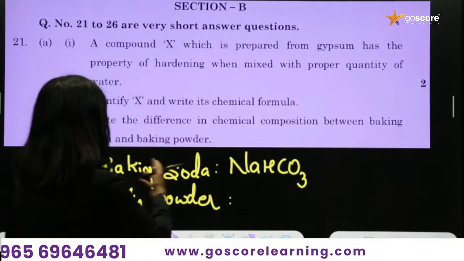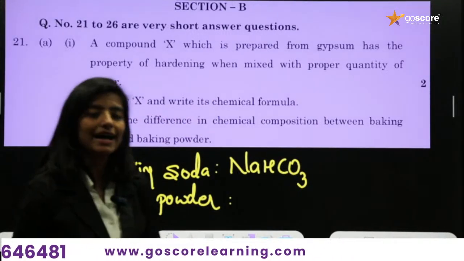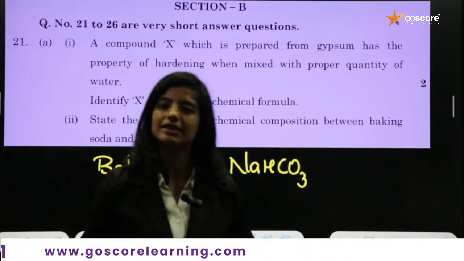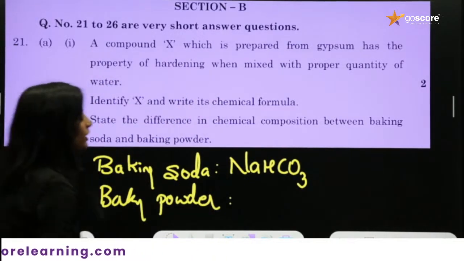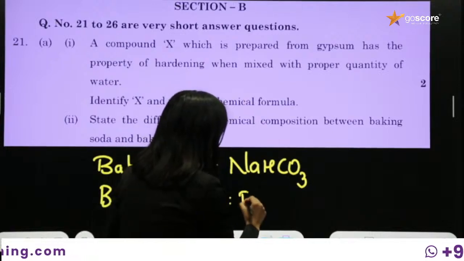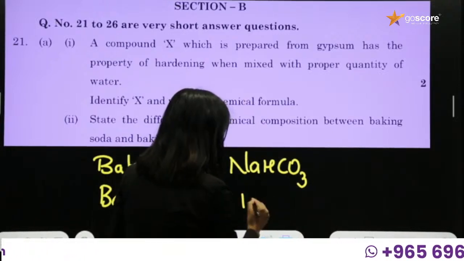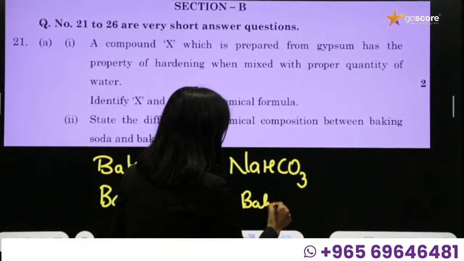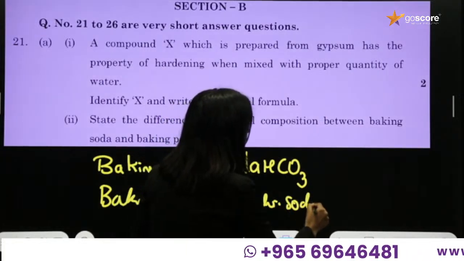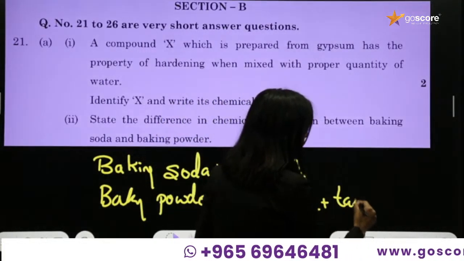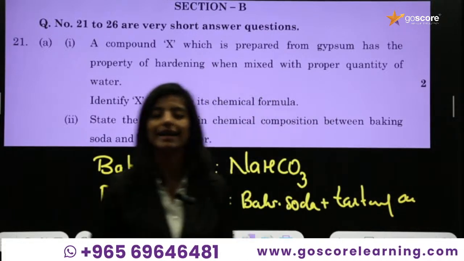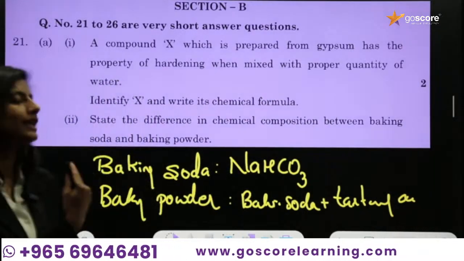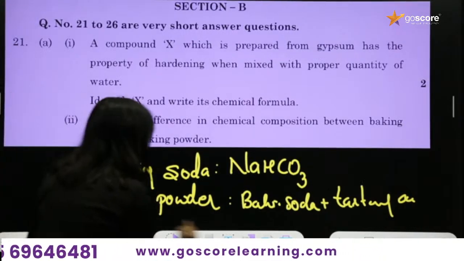So, if we use mild edible acids like the tartaric acid or the citric acid, we can neutralize the effect of bitterness. So, baking powder will be consisting of the baking soda along with tartaric acid or any mild edible acids. So that will be giving you the composition of the baking powder.